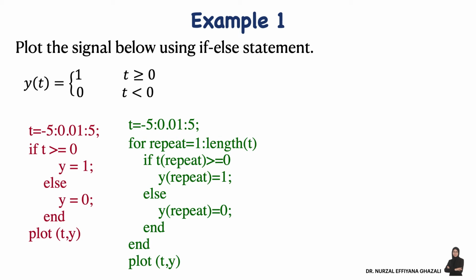So now you can see here that in the first condition, it will check whether t in the length between -5 to 5 is equal or greater than 0 or not. And then if it is true, it will assign 1 to the y, and else it will assign 0 to the y. And then it will close the if, then it closes the for, and it will plot for you, and you will get this plotting.